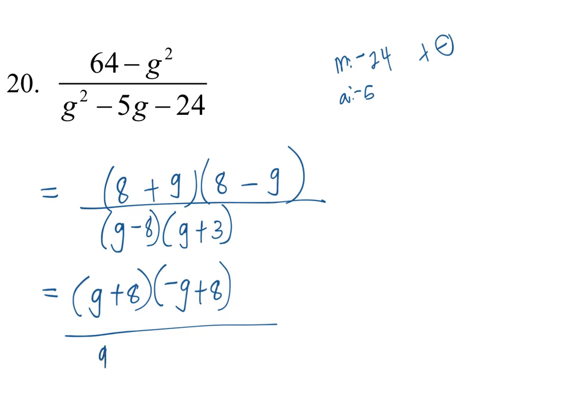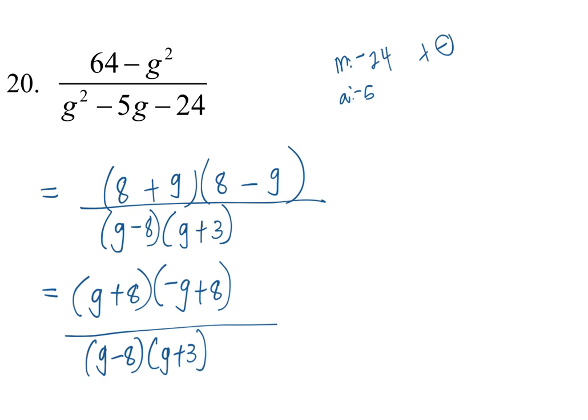In the bottom, that still is g minus 8 and g plus 3. Let me again explain what I did here. I didn't really do anything in the numerator except swap the places of the g and the 8, putting the positive g in the front and the positive 8 in the back, and the negative g in the front and the positive 8 in the back, just so that I could compare it to the g minus 8 that is in the bottom. And even though I did that, it's still not the same.